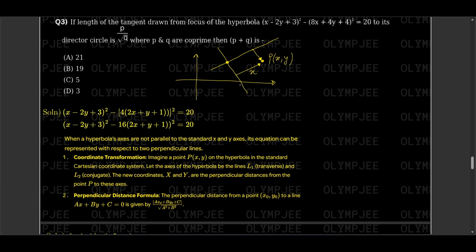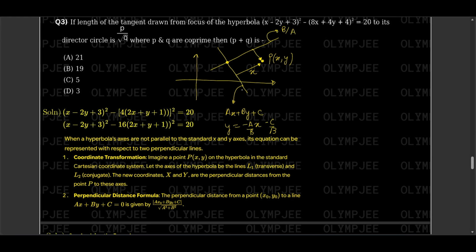So we know that if this line is given as ax plus by plus c, so if I convert it into y is equal to mx plus c, I will get y is equal to minus a by b x minus c by b. So the slope is minus a by b. So the slope of the perpendicular line must be b by a, because we know that perpendicular lines have a slope product of -1.